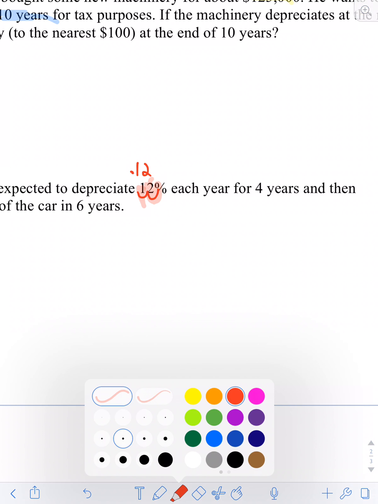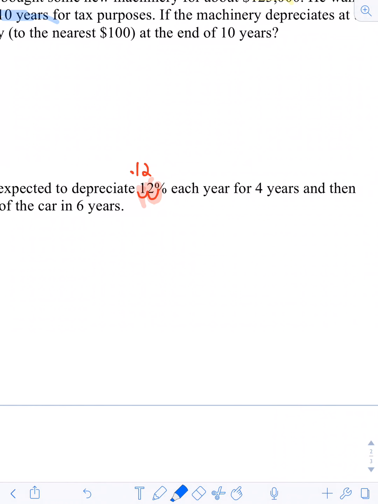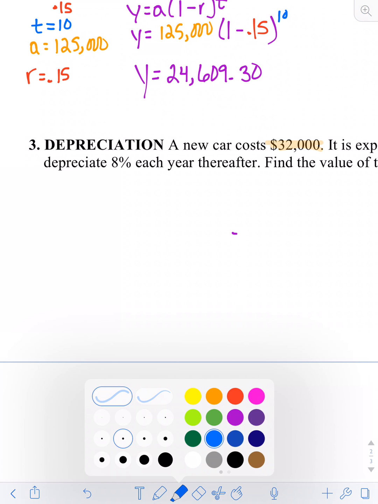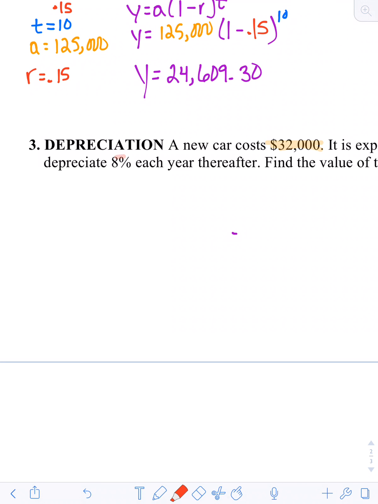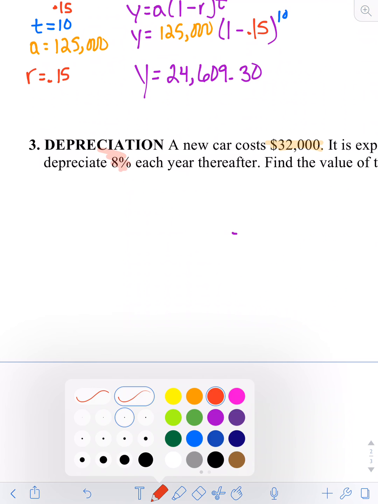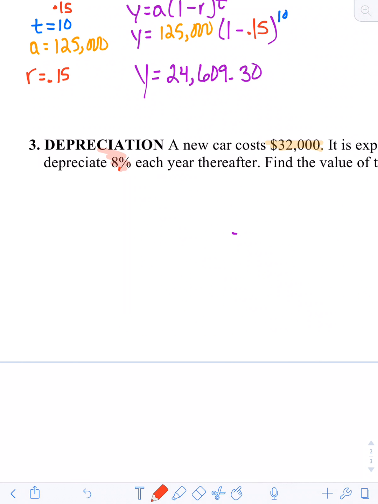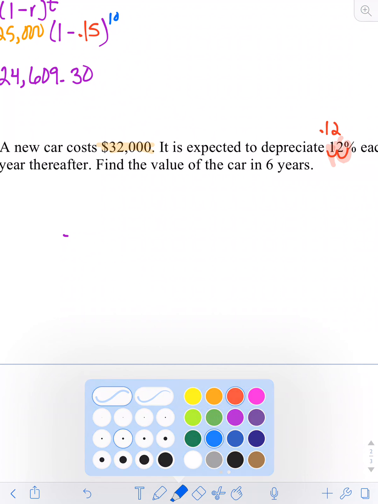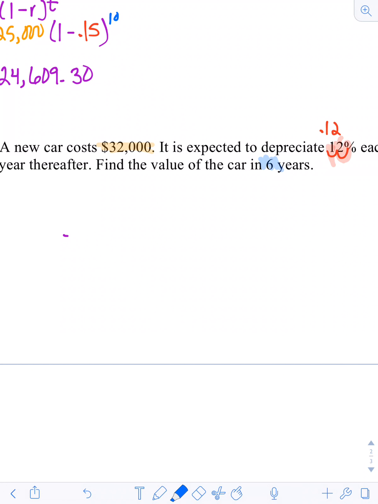Then it says depreciate 8%. So here's the second rate. I'm going to highlight that and write that out: 0.08 each year thereafter. Then it says to find the value of the car in 6 years. So here's my blue for time.